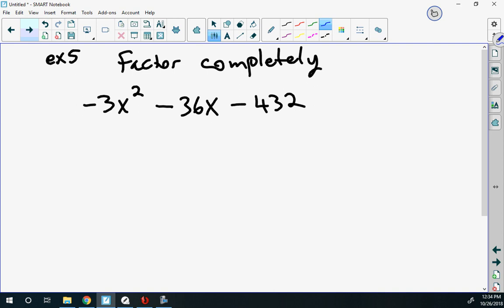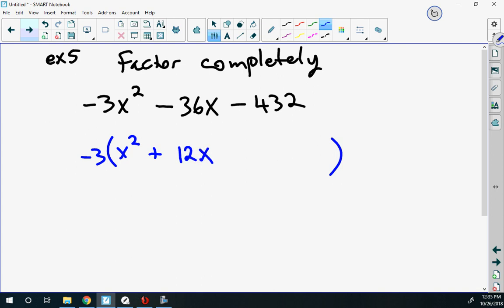Okay. So let's factor. Remember, math people don't like leading negatives also? So let's factor out a negative 3. So what's that going to leave behind? That's going to make positive x squared. That's going to make plus 12x. Okay.